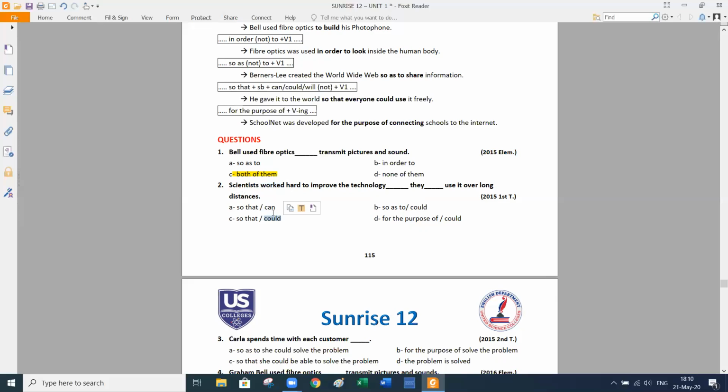Could, not can, because we use can for present. But we can use could for past tense. So our answer will be C. And let's look at D, for the purpose of. So in this structure, we don't use a subject. We don't use a modal verb. So D is not correct.